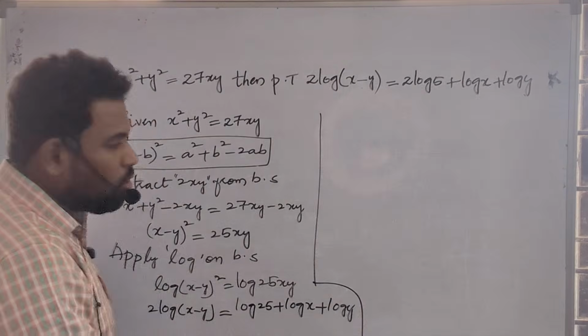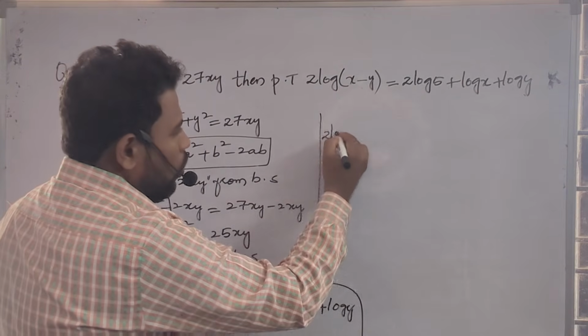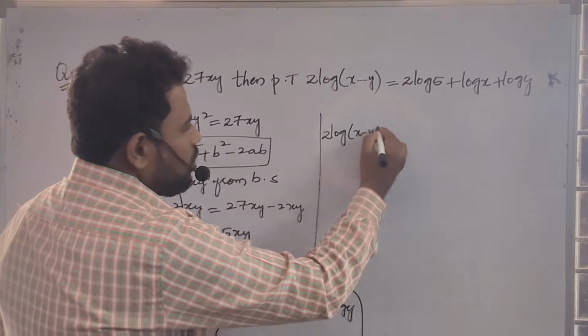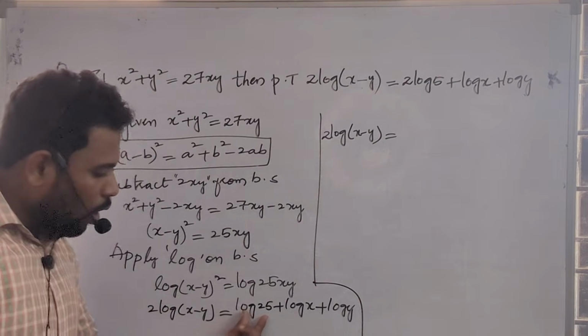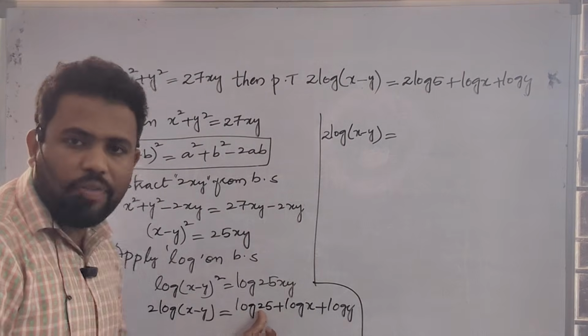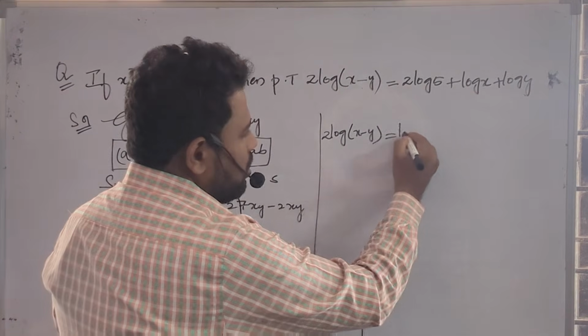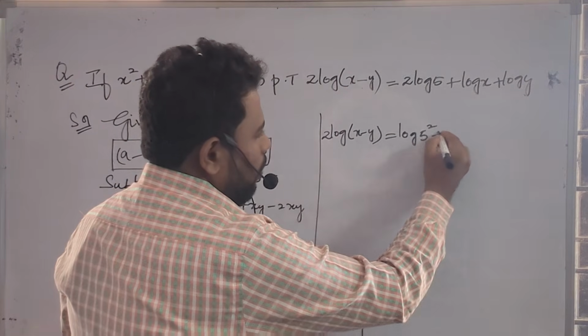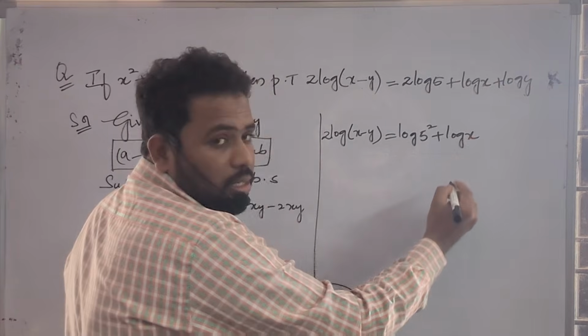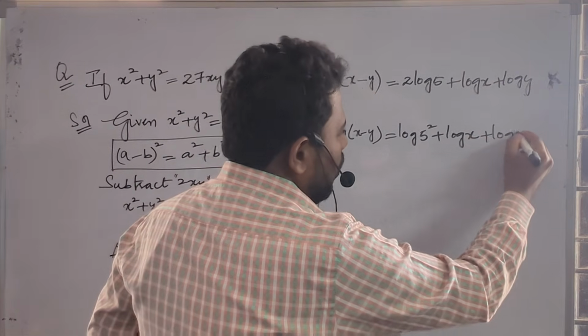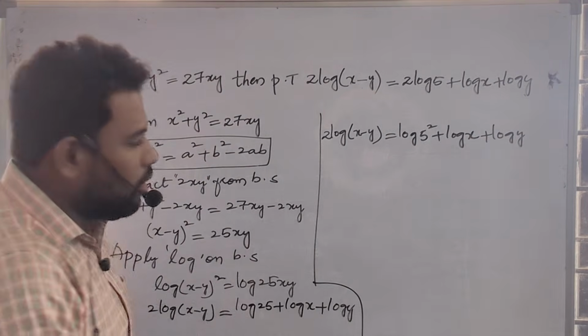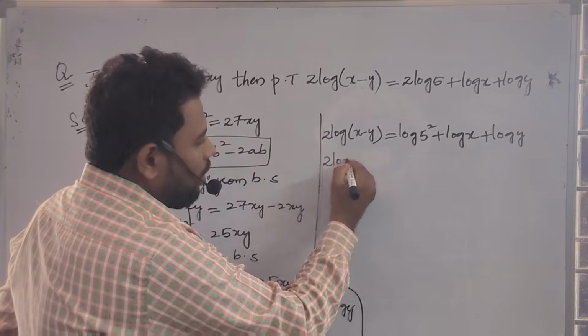I'm using this side of the board. So 2 log of (x minus y) equals log 25. How can we write 25? 25 we can write as 5 squared. So I write log 5 squared plus log x plus log y. Now see, we got our answer.